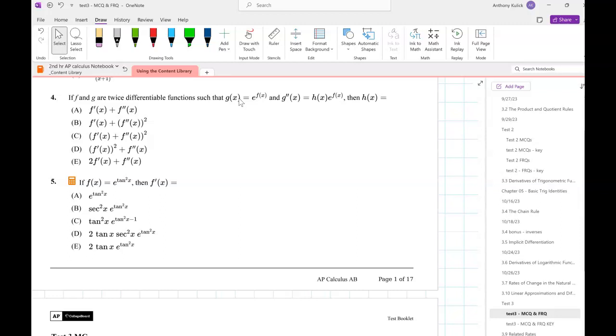Well, the derivative of f prime of x is f double prime of x. That's his first piece. And then plus f prime of x times the derivative of e to the f of x, which is exactly what we did in the first derivative, so we know what that is already. That's e to the f of x times f prime of x.